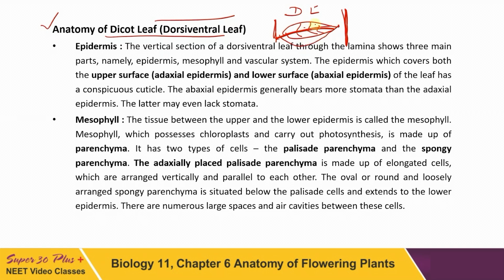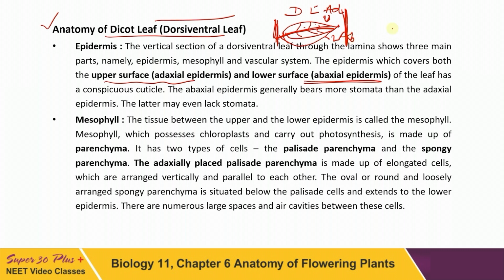One surface is the upper surface, the other is the lower surface. Therefore, the leaf is known as dorsiventral. In dicots, the lower surface is known as abaxial, and the upper surface is known as adaxial. So this surface is adaxial. So the leaf is called dorsiventral.